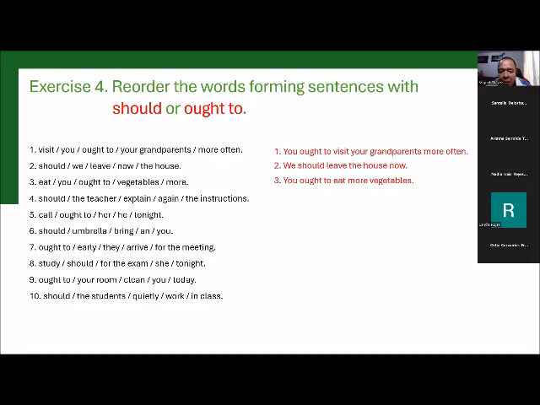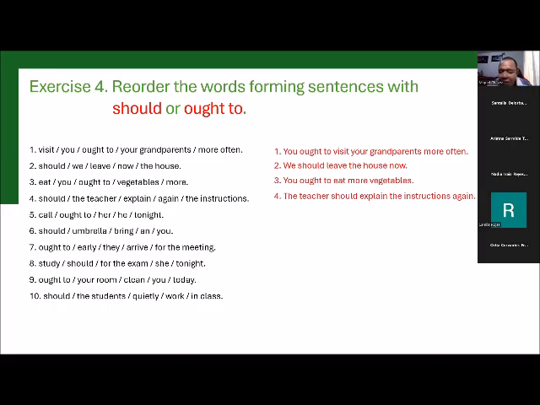Number 4, please. A volunteer for number 4. I think me, professor. Please. The teacher should explain the instruction again. Thank you, Daniela. Yes, you're right. The teachers should explain the instructions again.